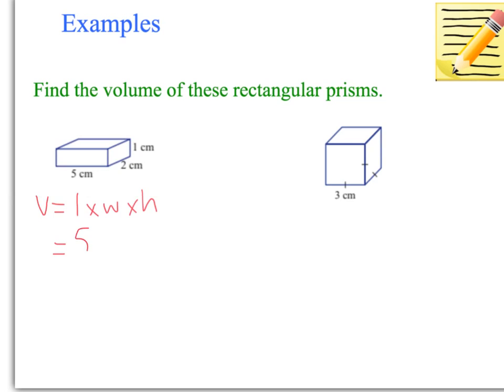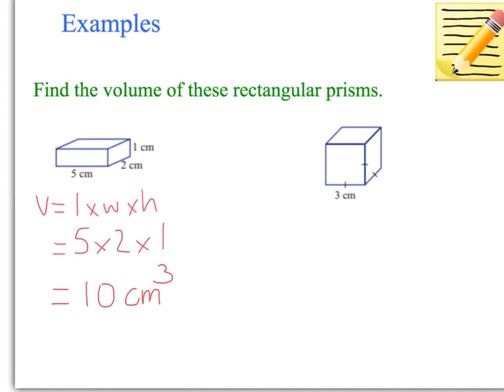So 5 times 2 times 1. 5 2s are 10, 10 times 1 is 10, and it's in centimeters cubed. Remember that you must do it in cubic units because you're multiplying three different dimensions together, so you need to have it in cubic units.